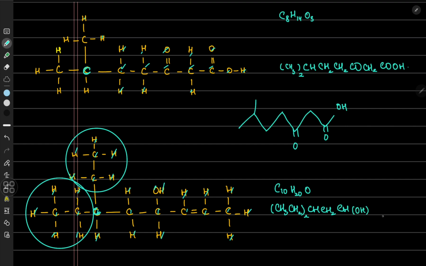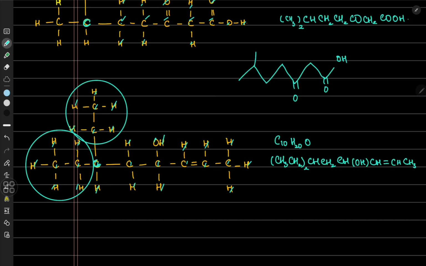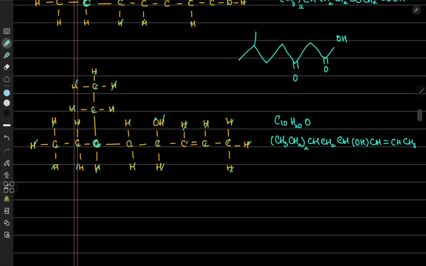So you write it in brackets here, followed by a CH. Now you need to show the double bonds. It is bonded with CH as well, followed by a CH3. It is very important that you show the double bonds. It's highly important.